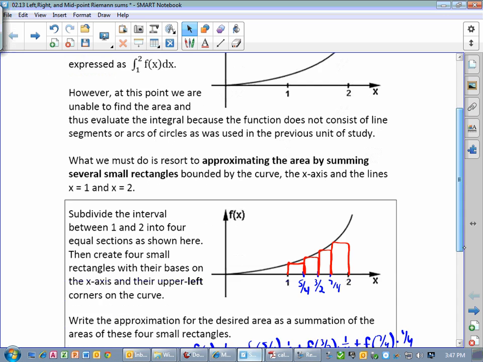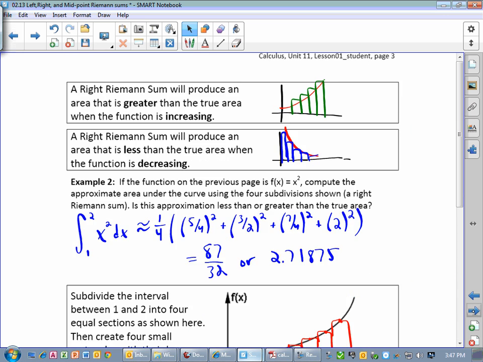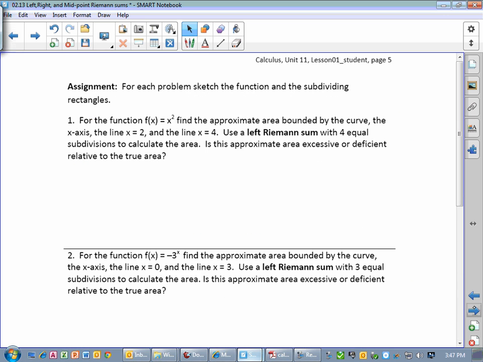So whenever you start working on the assignment, take a look at the instructions really quick. At the very top, these instructions are for the entire thing. For each problem, sketch the function and the subdividing rectangles. So every single one of these, you'll have a sketch of the function and the appropriate rectangles. Then you're going to follow the directions. It'll say a left, a right, or a mid-Riemann sum, and it will say how many subdivisions.